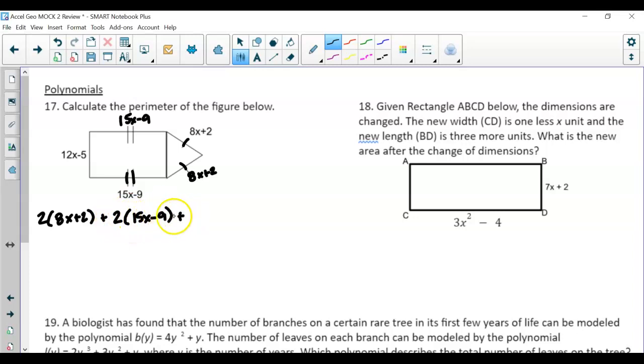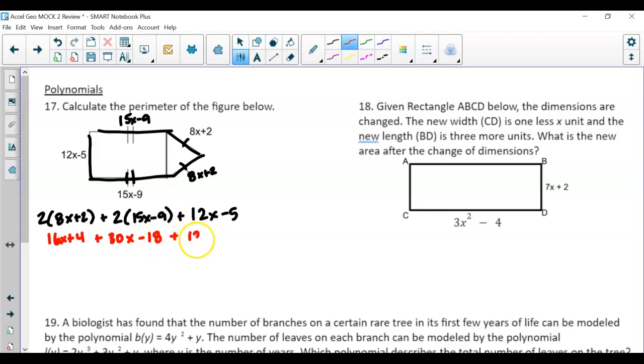Now, do we need to double the 12x minus 5? No, because the side opposite is inside, and we just need the outside perimeter. So just adding to that 12x minus 5. So really what we're combining is 16x plus 4 plus 30x minus 18 plus 12x minus 5.